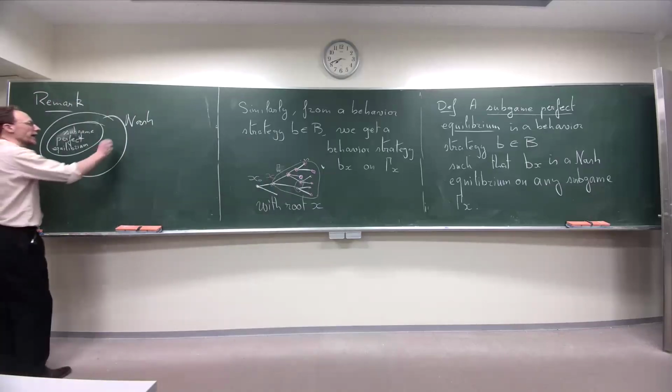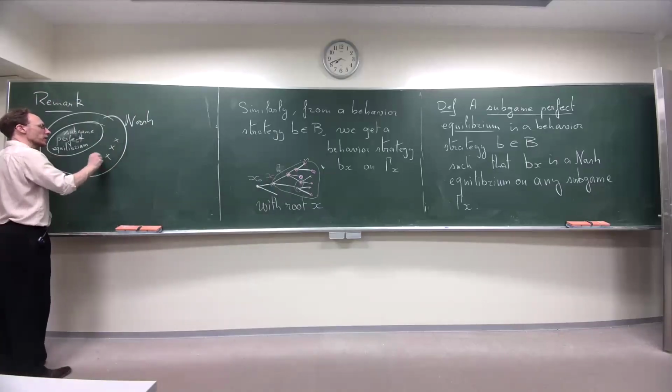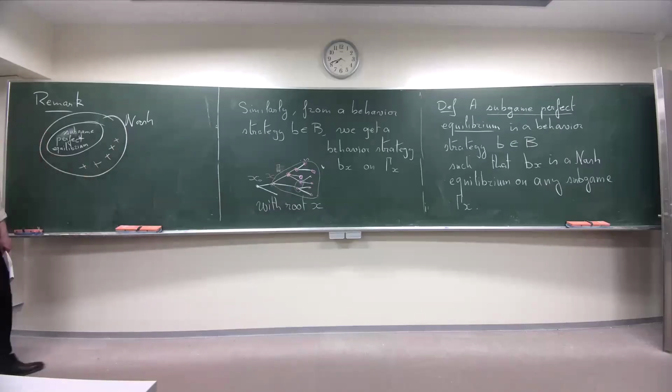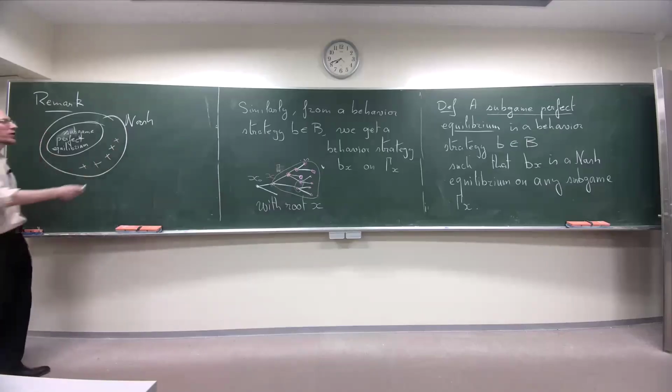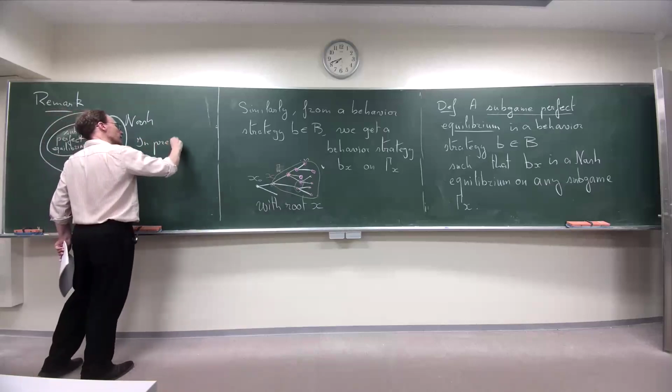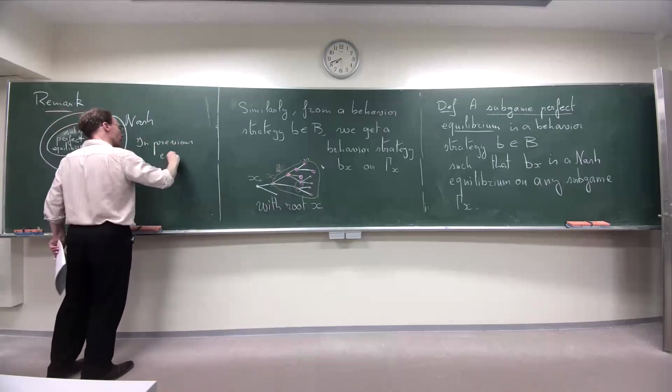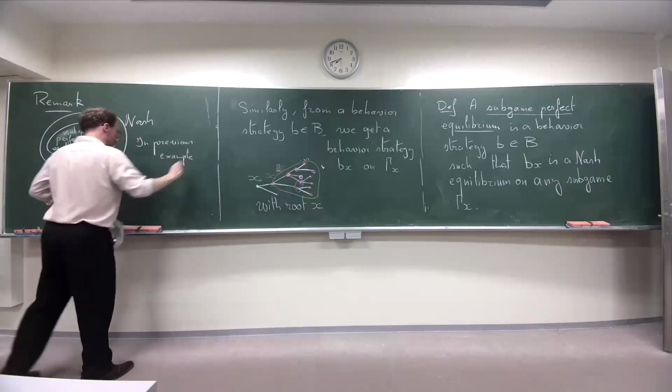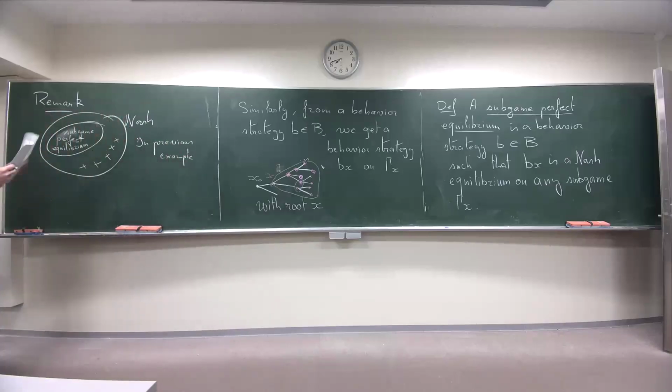But it means you disregard all the Nash equilibria which are outside. And in the previous example, the Nash equilibrium which was the annoying one was OF.